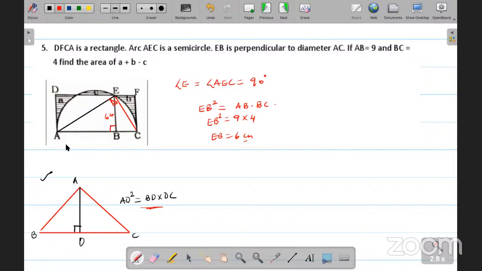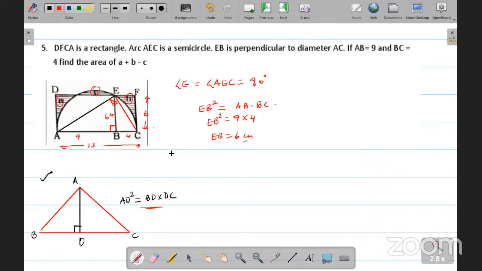So which means that this rectangle ACFD, the length is 13, because this is 9 and this is 4, and the width is 6 as per our calculation now. Now if you look at A plus B minus C, A is this area, B is this area, and C is this area.